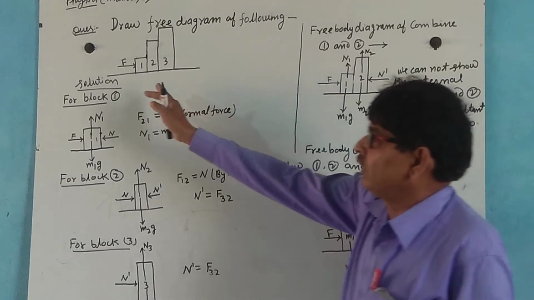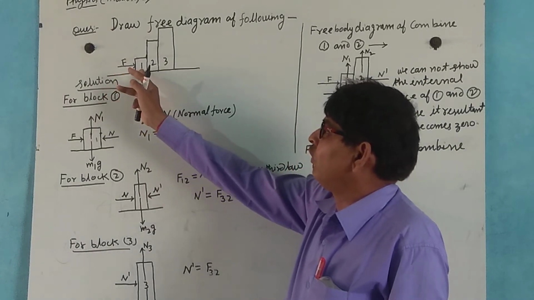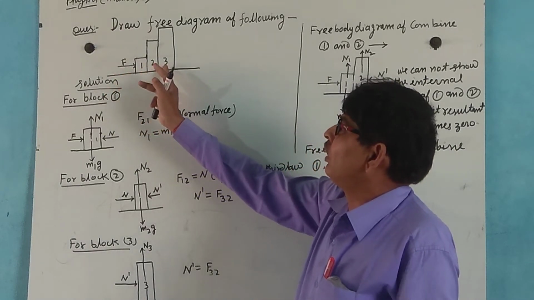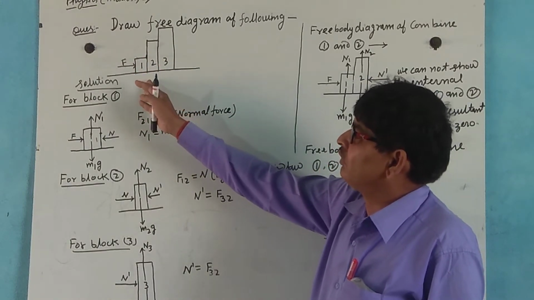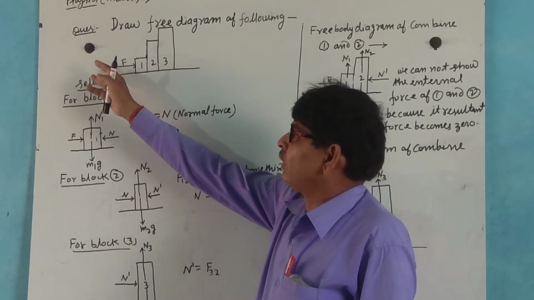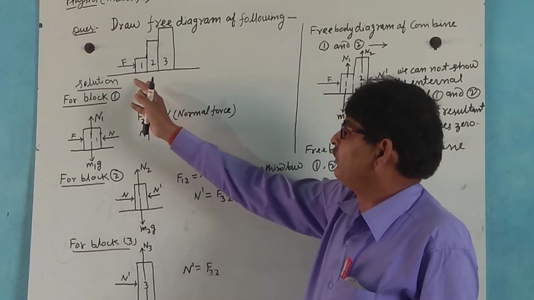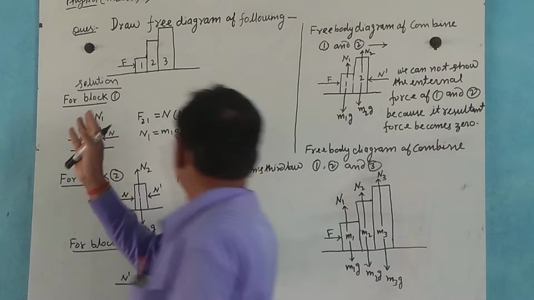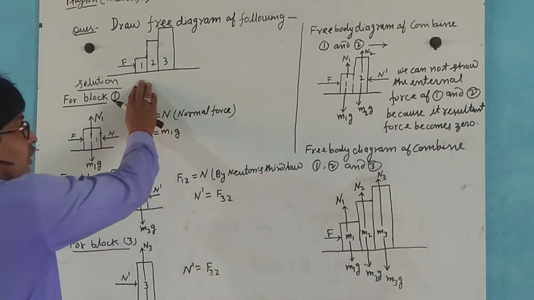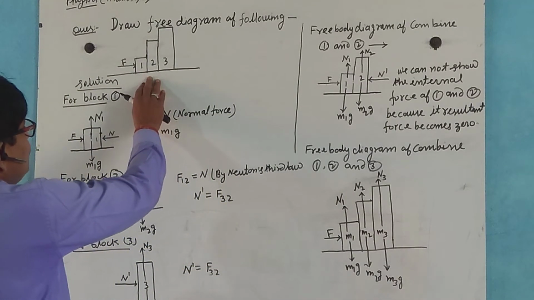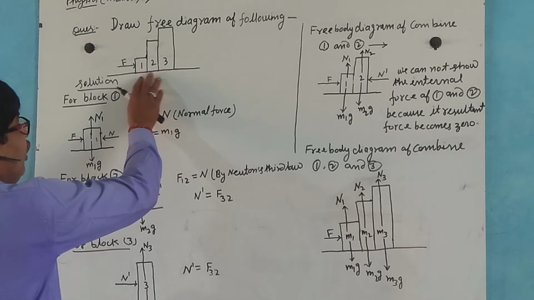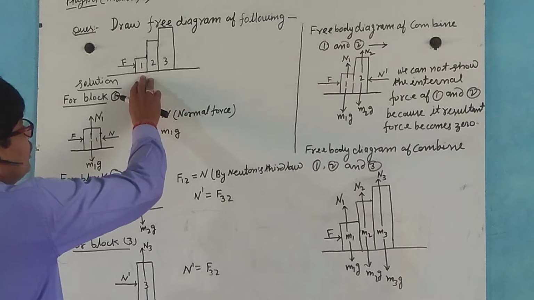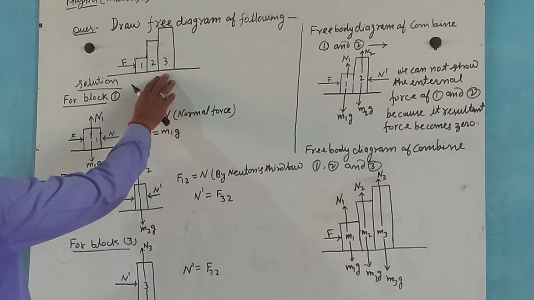Here there are three blocks, block 1, block 2 and block 3, attached to each other, and here we apply the force F. Then we have to show how much force, what is the force acting on each block here.